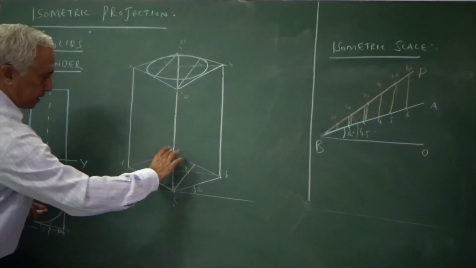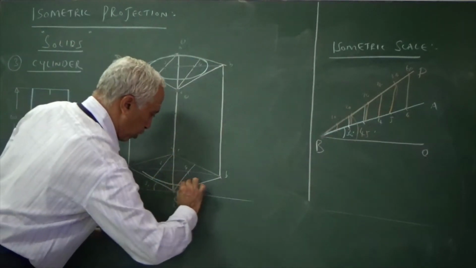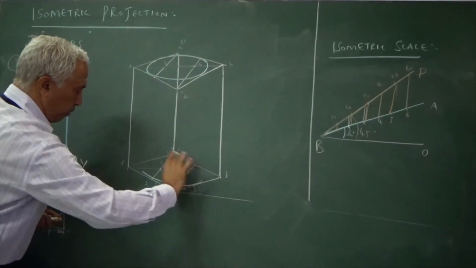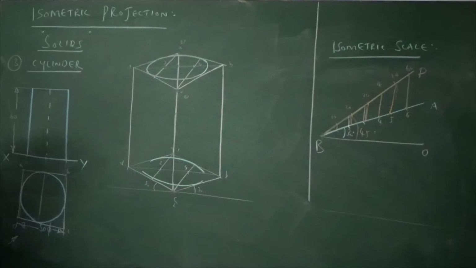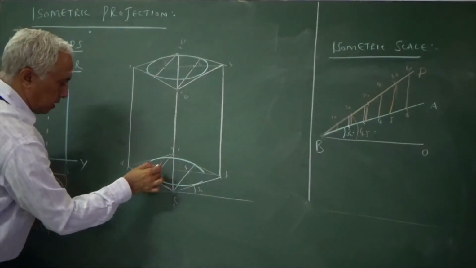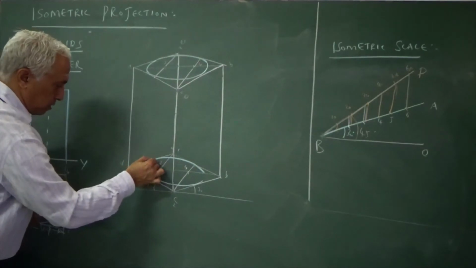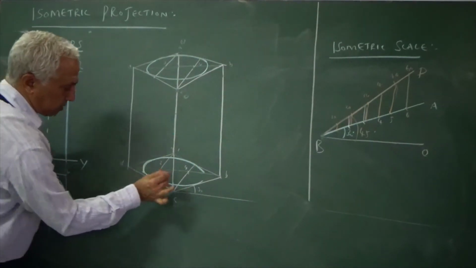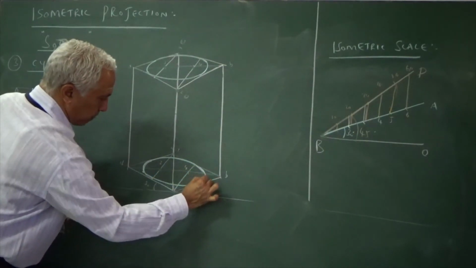So with 1 as center and 1 to the midpoint of CD as radius, draw an arc. With C as center and C to the midpoint as radius, complete the arc. With 3 as center, get the arc which joins these two incomplete arcs. With 4 as center, adjust your compass to obtain the incomplete arc.